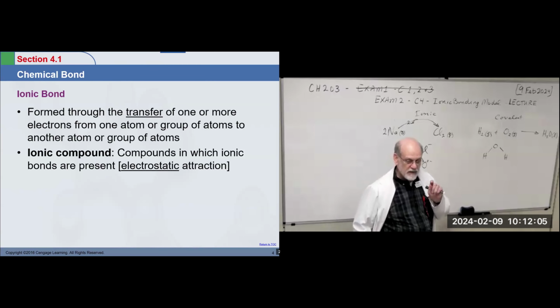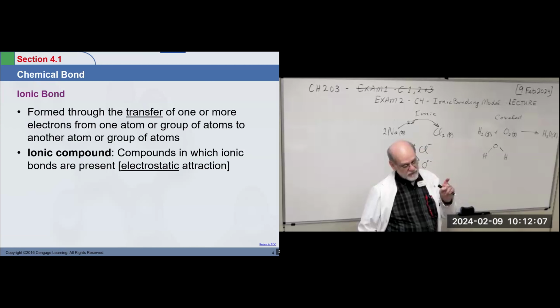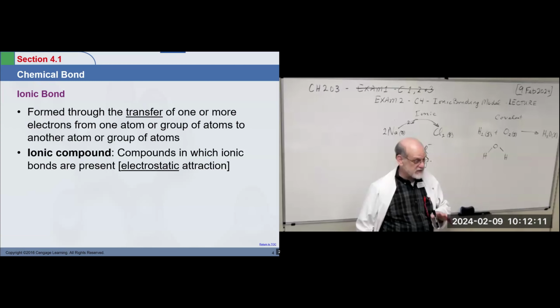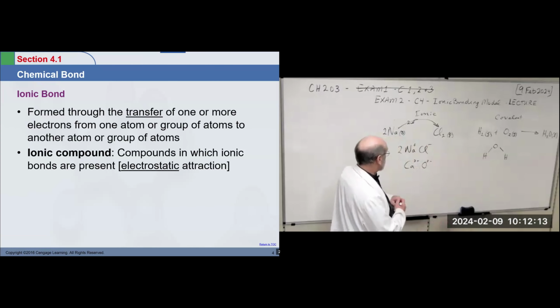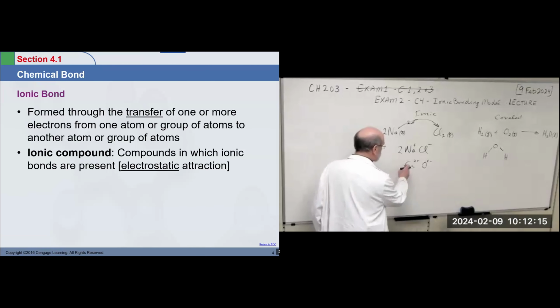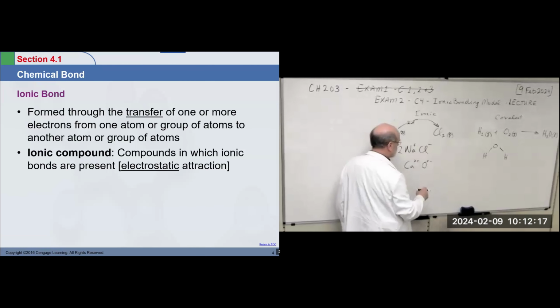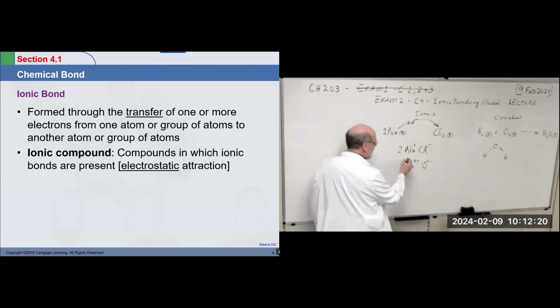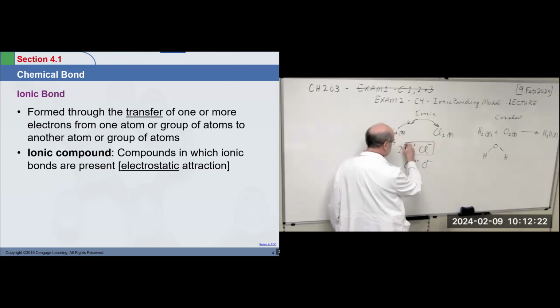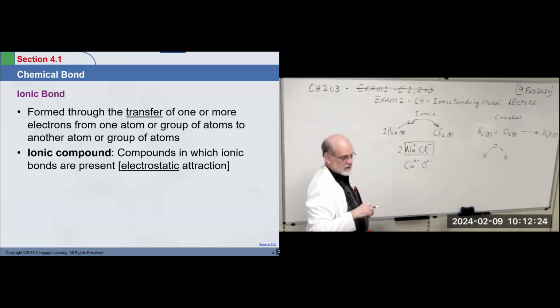All right. I've already talked about this slide. The ionic bond, you have to transfer electrons, and then the forces holding the ions together are purely electrostatic. So what that means is when you get these sodium chloride ions in here, this does not act like a single unit. What you get is what we call a crystal matrix.